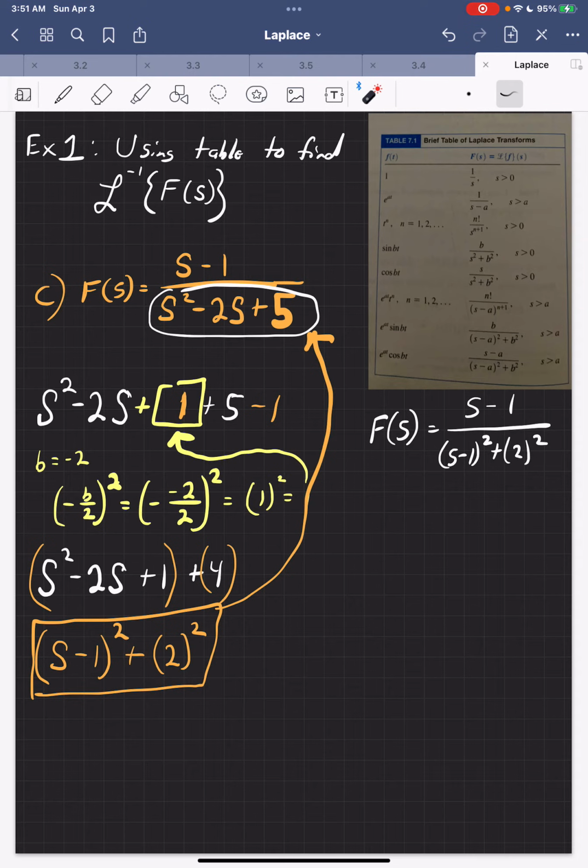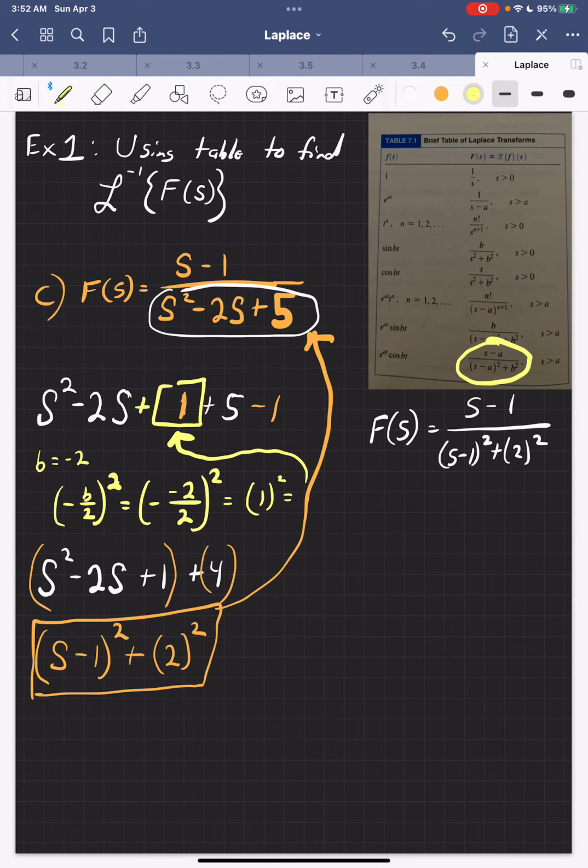Now, that very much resembles the form that we have here. You can see that that's starting to resemble the form. And I should be able to look at this and point out what is the A in this problem, what is the B.